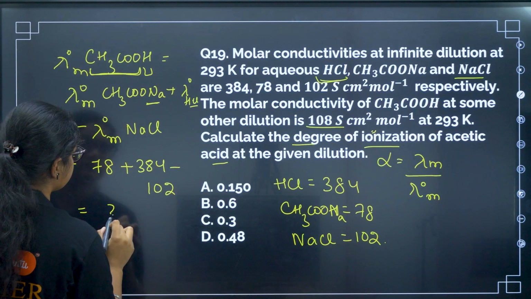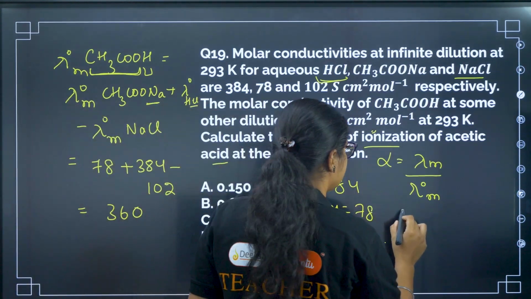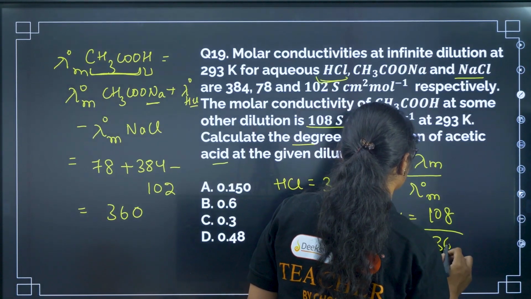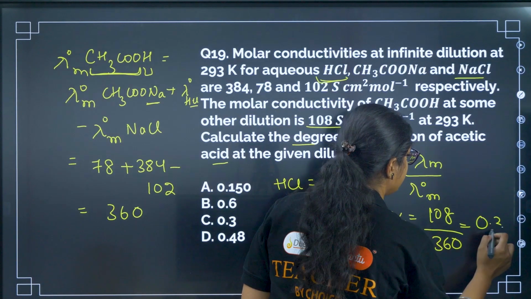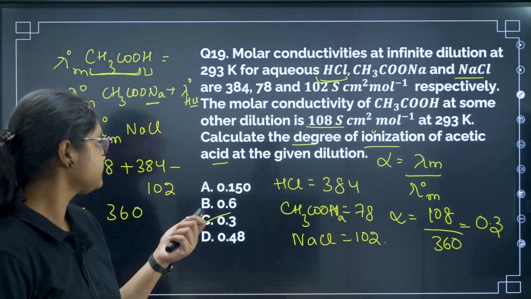If we solve this, we'll get 360, right? Now we can substitute that value here. 108 by 360, right? So if you cancel this, we'll get 0.3. Okay, so the correct answer for this question is option C.